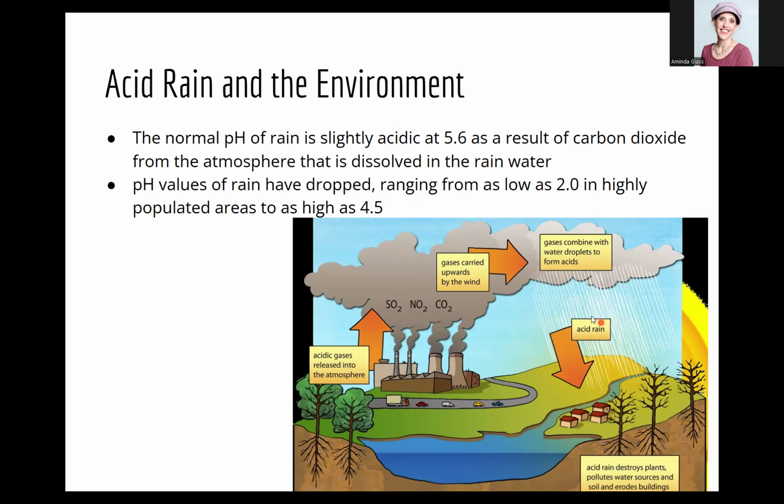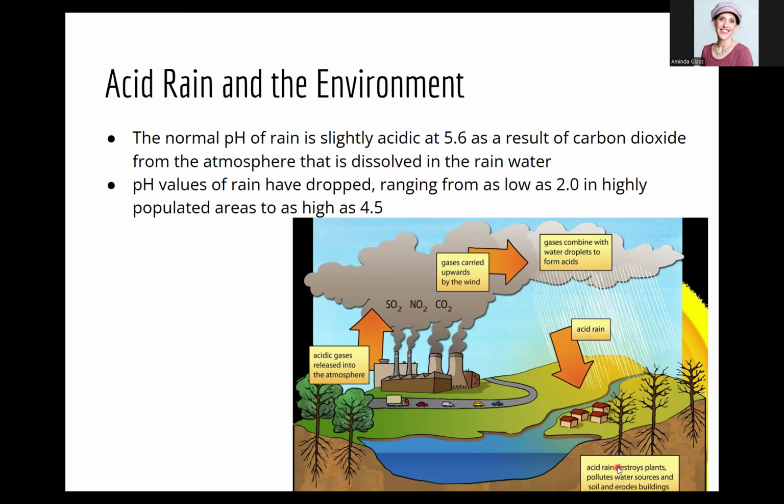So if we have acid rain and we're constantly making the soil more acidic, some of the plants are going to die. They're going to be destroyed. And water gets polluted. You're decreasing the pH in the water. And then you'll again have organisms within the water that require a specific pH range in order to survive.